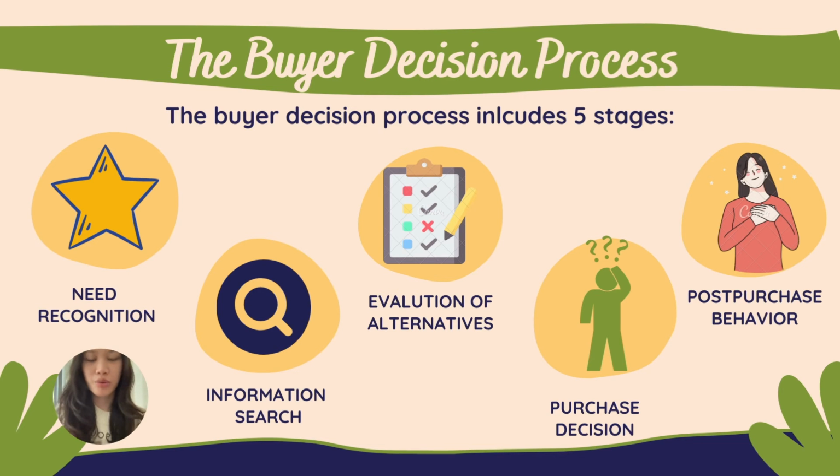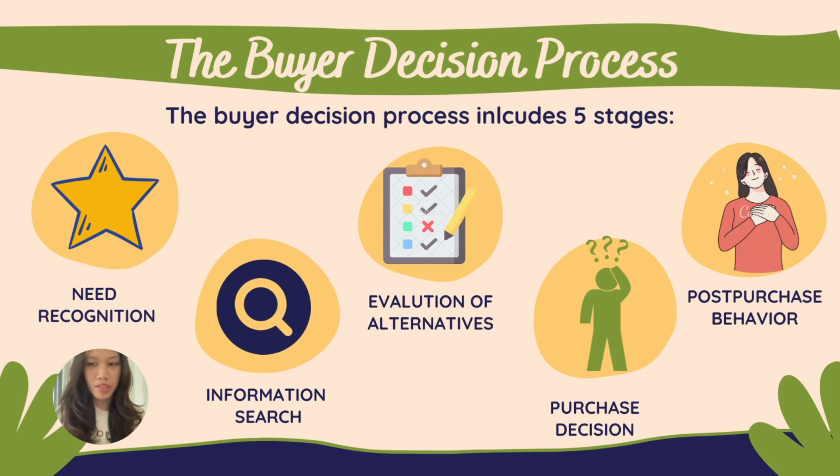In the next part, we will analyze the buyer decision process, and the process starts with need recognition, which means that the buyer recognizes the need, and then the process will continue with information search. In this stage, the consumer looks up information based on their need, and the information can be available from many sources, such as personal sources, public sources, commercial sources, or experiential sources.